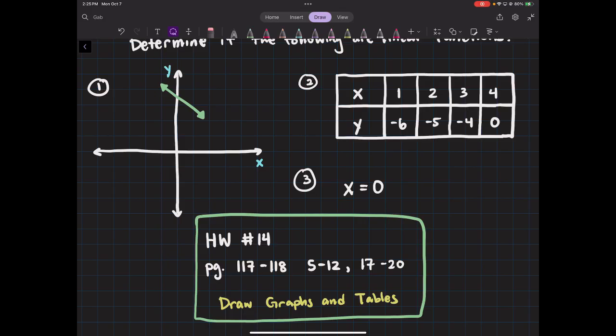Find that domain, you set the bottom part.